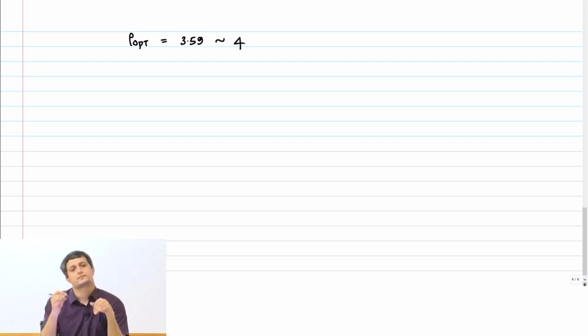It turns out that discretizing this optimal stage effort to 4 is not a very bad approximation. The delay goes up only by about 2%. So my rho opt, which was 3.59, can be approximately made 4, and the D min will go up very slightly. It's not too much of a problem there.